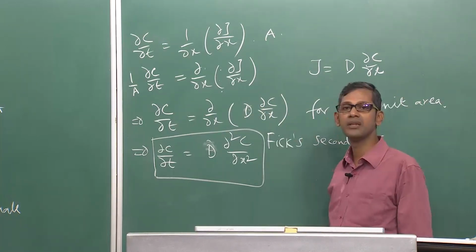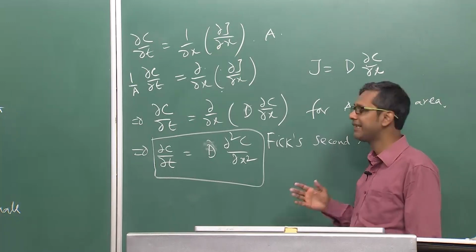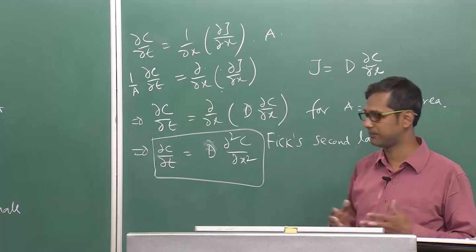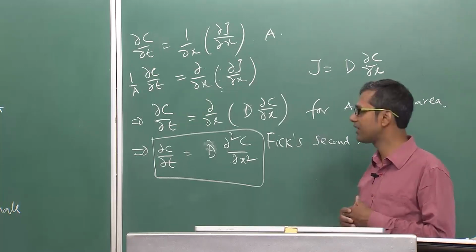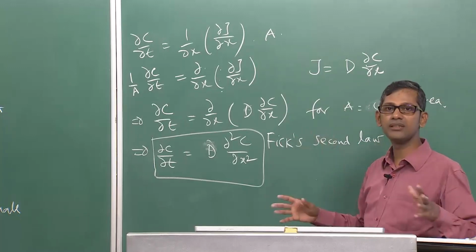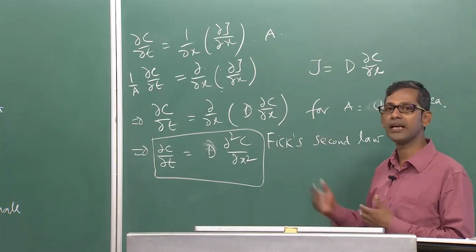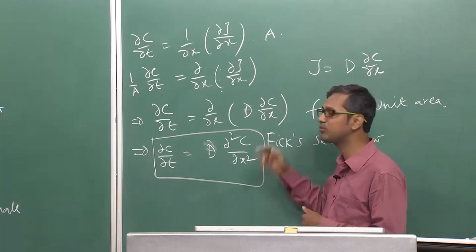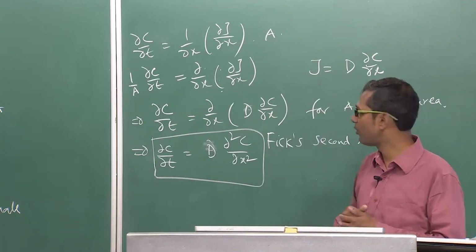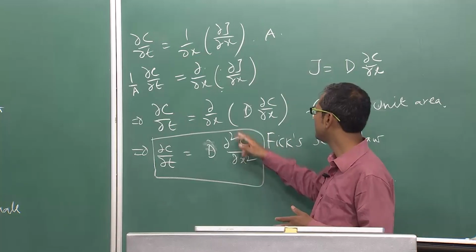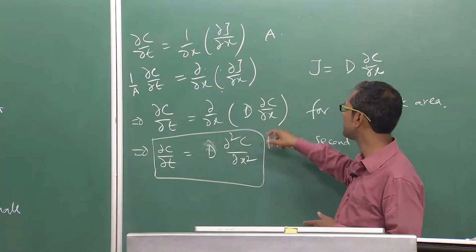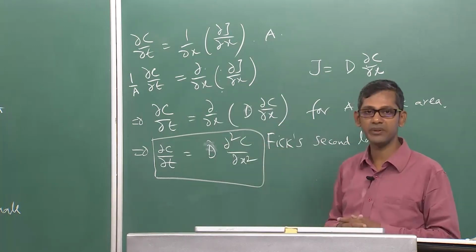D can be assumed to be independent of time, because we can always assume that D has a specific value in the whole system at time t equal to 0 or at any time, but D can never be assumed to be independent of spatial variables, and therefore, we cannot take D out of this parenthesis and obtain such an expression.